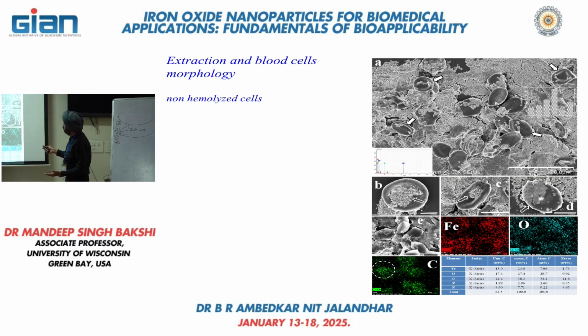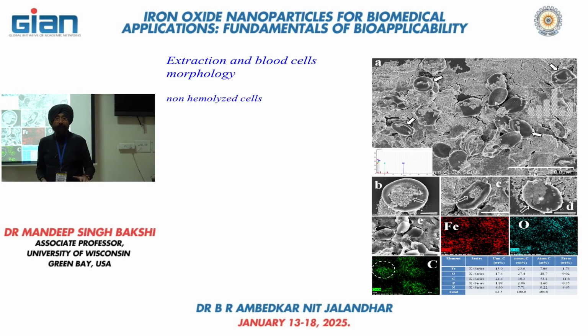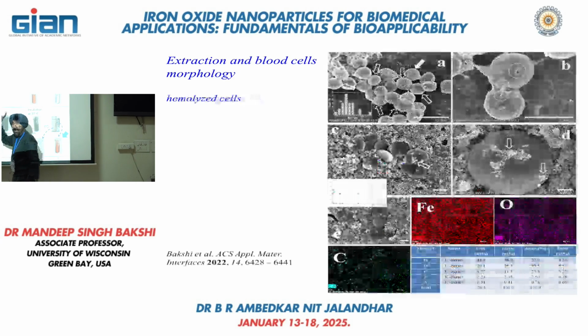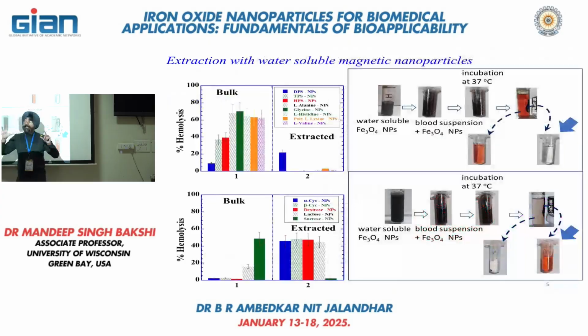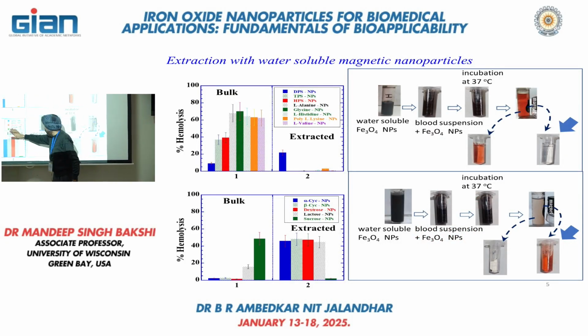This extraction is the best extraction where the morphology of the blood cell has not been altered. So if you ask me which were the successful experiments, these were the successful experiments. It means that the images where you see the intact blood cells were images of these samples, where no hemolysis has taken place.